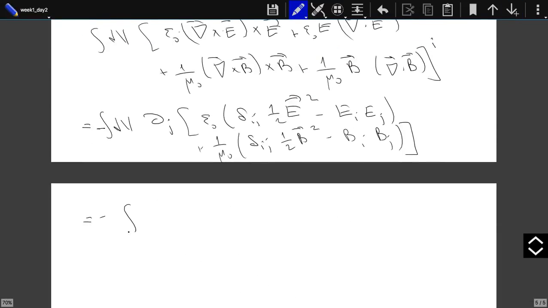So that whole thing is nothing but the divergence of a vector for each i.